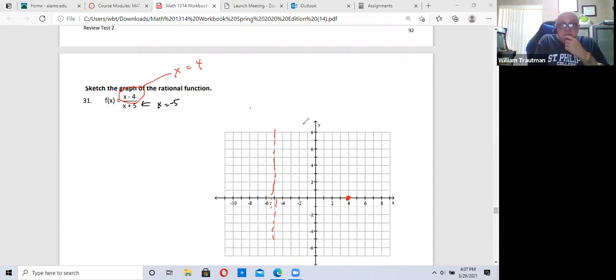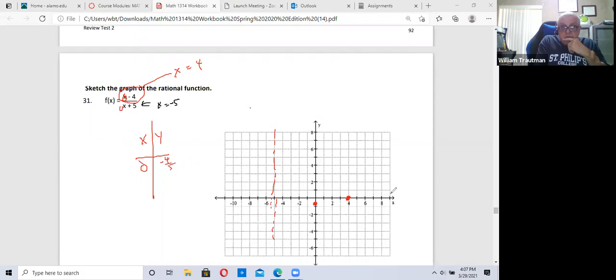The only thing you need is some points, maybe. If you put 0 in here, you get -4/5, which is close, somewhere around there.